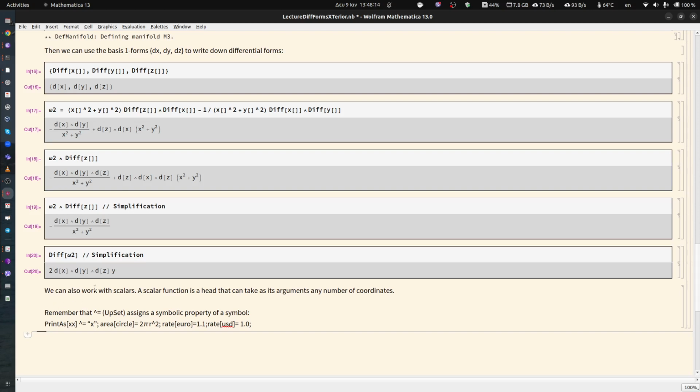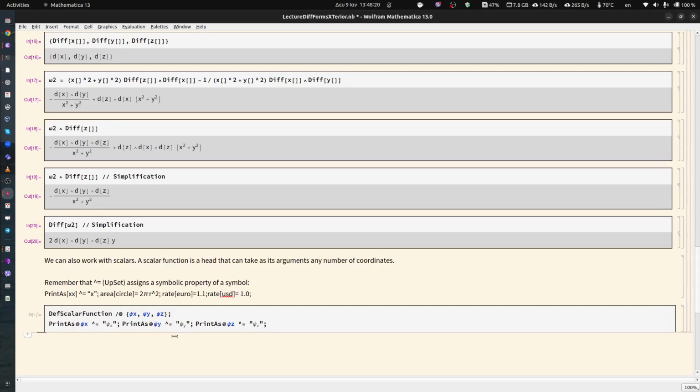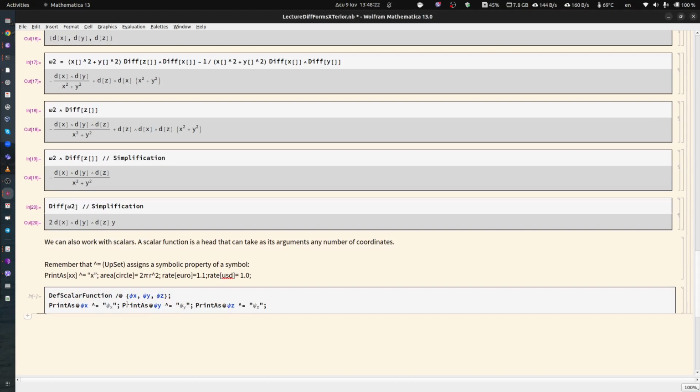So these have to be declared and treated as such by the exterior package. So let's say that we want to use psi x, psi y, and psi z as symbols that will be put in the expressions that give the components of some form. So we declare those symbols to be scalar functions.